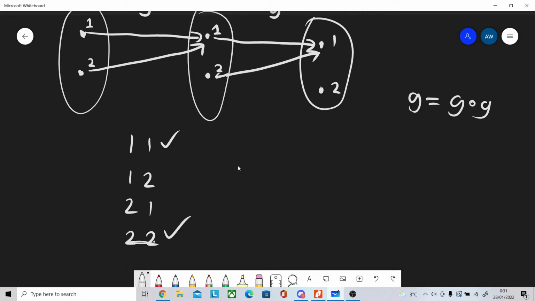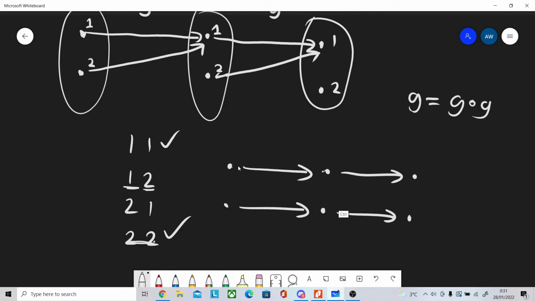So 1, 2 goes here, and then we repeat that again. 1, 2 is just like this, and we have 1, 2 again, which just goes like this. The first object gets mapped to the first point, the second object maps to the second point. So this also does count.